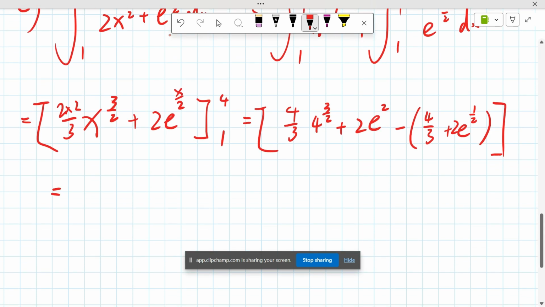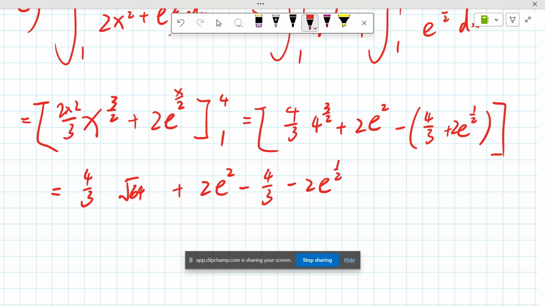Now what we do is 4 over 3. Because 4 squared is 16, 4 cubed equals 64, so the square root of 64, plus 2e squared, minus 4 over 3, minus 2e to the half.